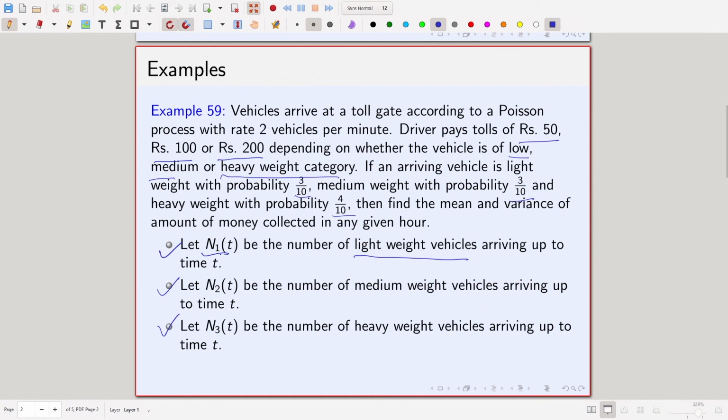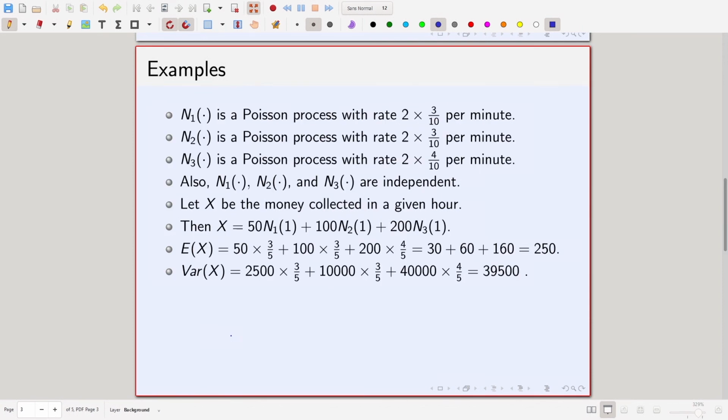So, I am calling N1(t) the counting process which counts the lightweight vehicles, N2(t) the counting process which counts the medium weight vehicles and N3(t) the one which counts the heavyweight vehicles.